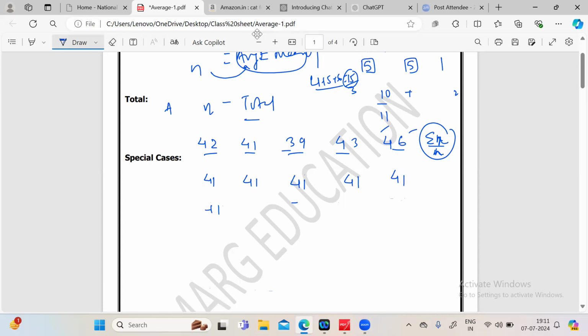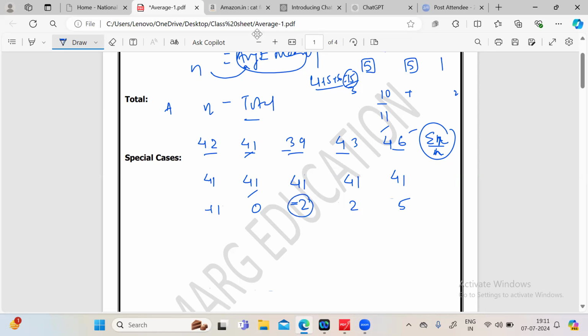So I'll be getting 1 from here. Here the value is the same. I'll have to provide 2 to 39 to become 41. I'll have to get 2 here. I'll have to get 5 from here. I'm sorry, not 5. I'll get 5 from here.